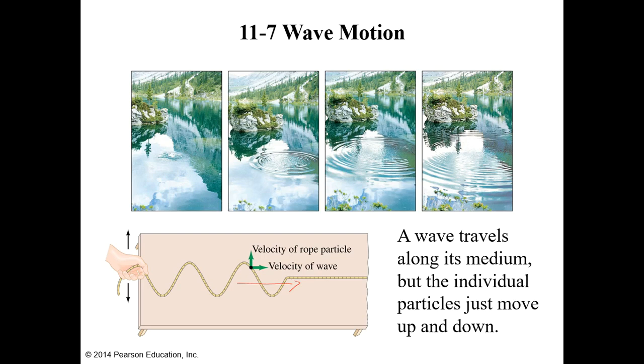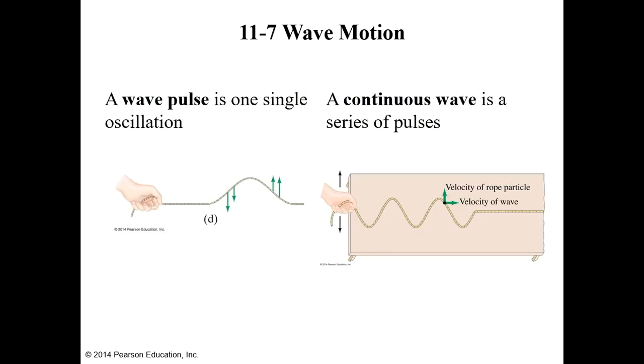What's really happening is you have individual points here that are moving up and down, and they just keep oscillating up and down. Likewise, you have this point which oscillates up and down, and this point which oscillates up and down, and so on. And so really, a wave is nothing more than a series of oscillations in a pattern. That's really what a wave is.